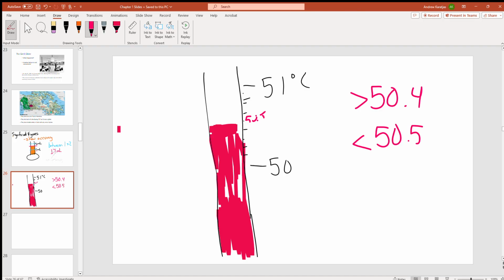So not only are we certain of the ones place, but because of the accuracy of our measuring device, we can say we're also certain of the tenth place.